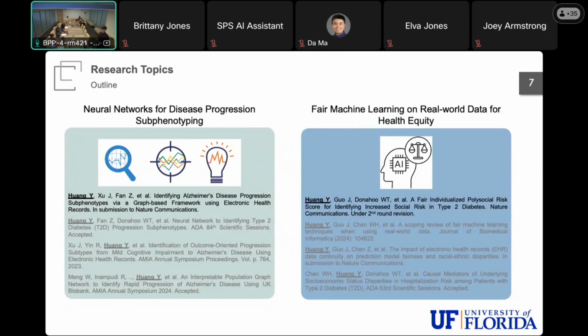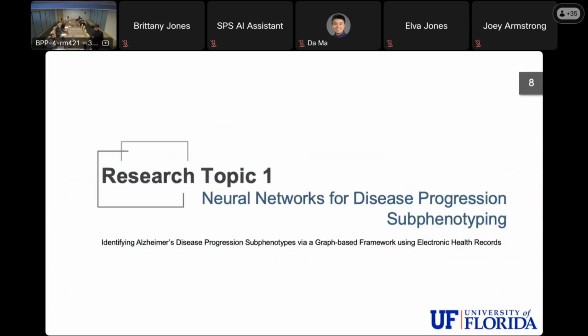And then the second one, I will share how to adopt fair machine learning practice to an outcome prediction. And as I mentioned, these techniques can be a part of a health digital twin. Now, let's share the first one: identifying Alzheimer's disease progression subphenotypes via a graph-based framework using EHR.